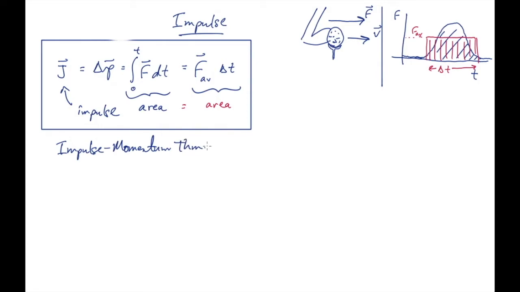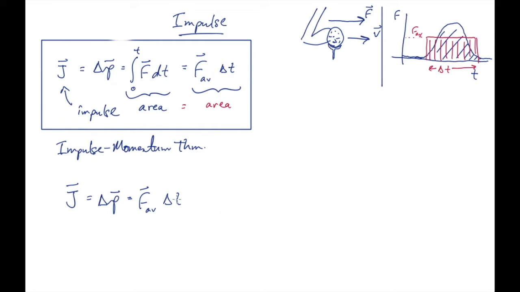I'm going to write it in a more compact way. The impulse, J, is synonymous with the change in momentum, delta P. And remember that momentum is a vector, so its magnitude can change and or its direction can change. Most often, we will write this as the average force times delta t.